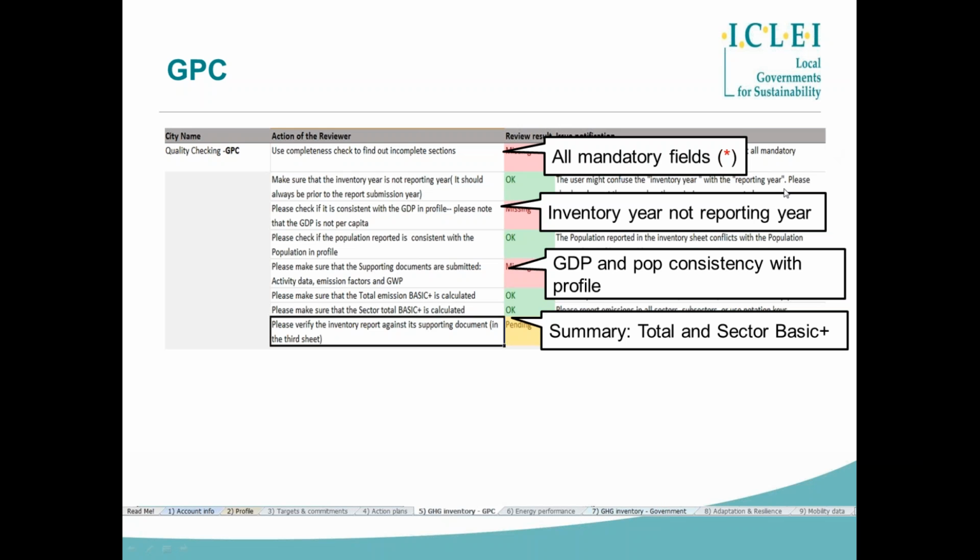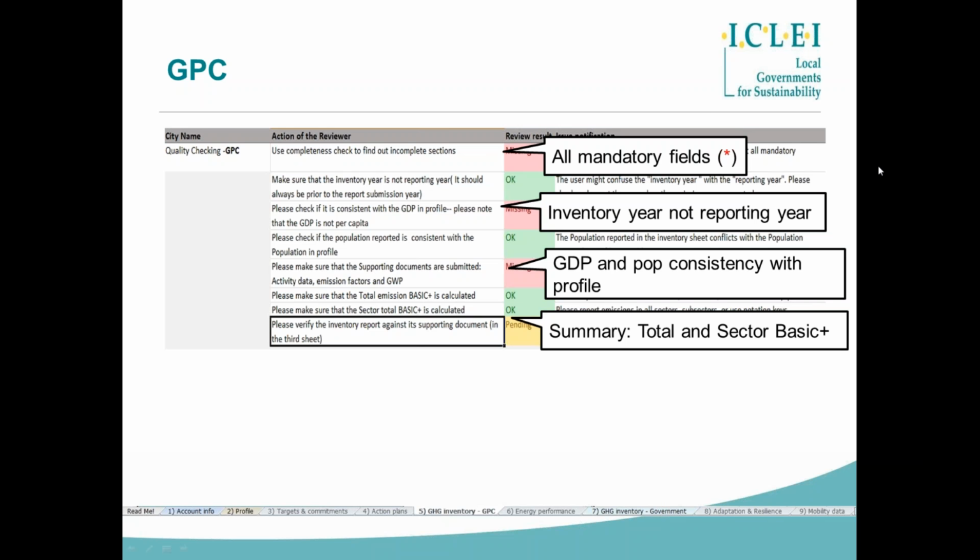And the summary. As I'm sure you are familiar with the GPC reporting form, there is a summary after the city provides the emissions, the tons of emissions, and then we are going to be looking that the totals and for sectors are there for the basic plus.